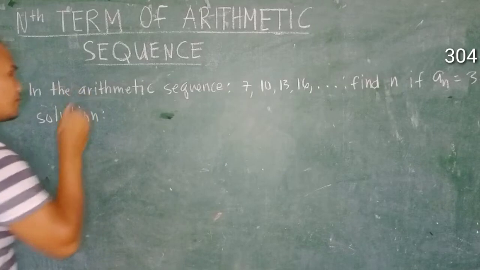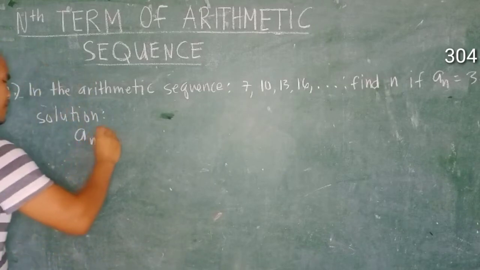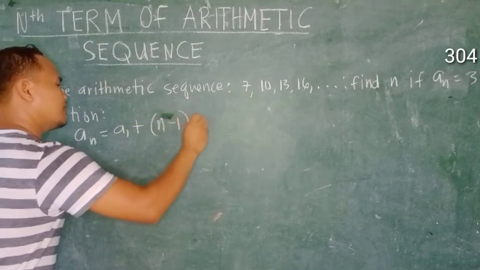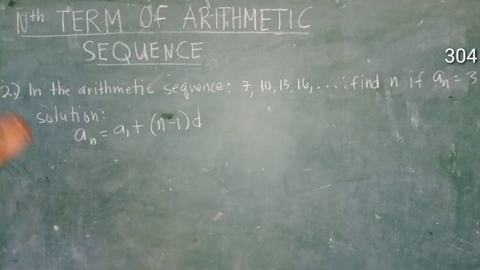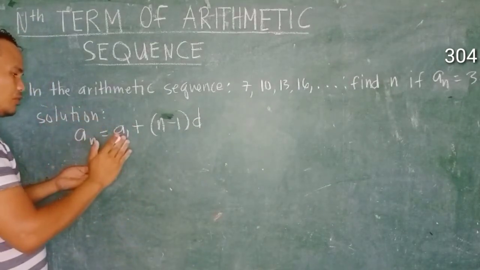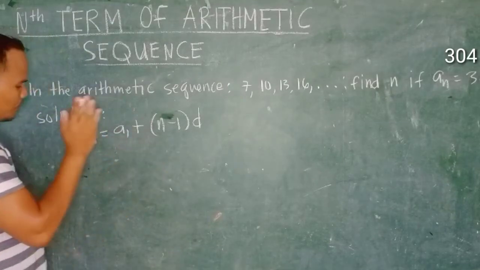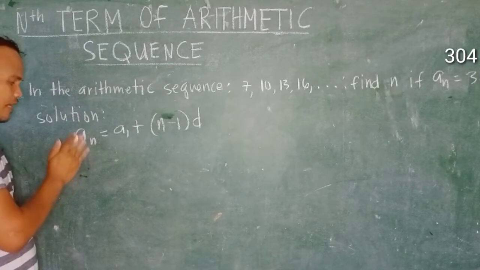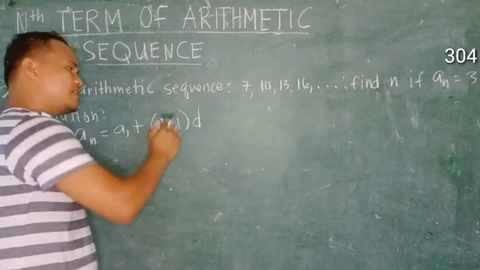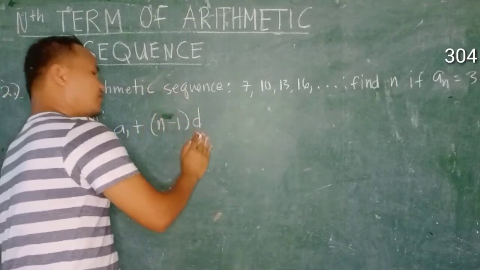Okay, let us use the formula a sub n, or the nth term of the arithmetic sequence, equals a sub 1 plus the quantity n minus 1 times d. Again, if we want to use this formula, we need to know the last term a sub n, the first term, the number of terms and the common difference d.